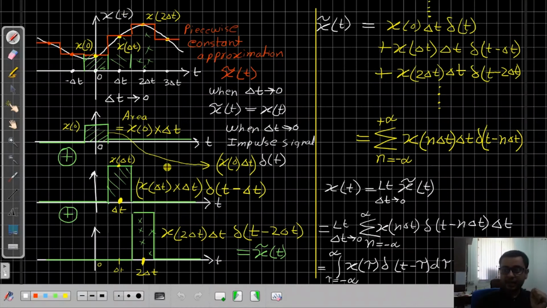Any signal can be broken into a sum of delta signals, impulse signals. Let me write this fact.